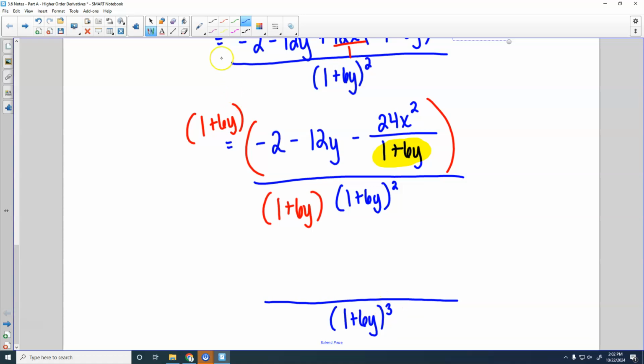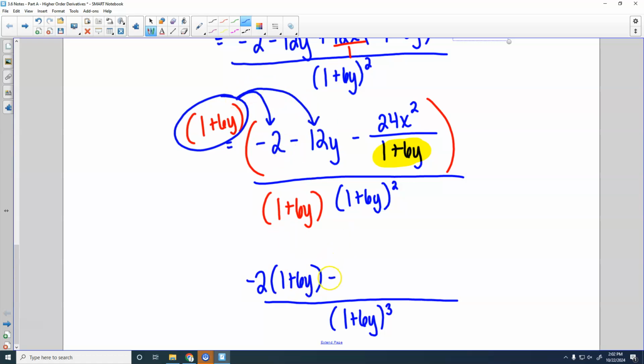In the top, you are taking this whole thing and distributing. Unless you're really good, I would write it like this. You're multiplying it by negative 2. Then you've got a minus 12y times 1 plus 6y. And then you multiply it by the last term.